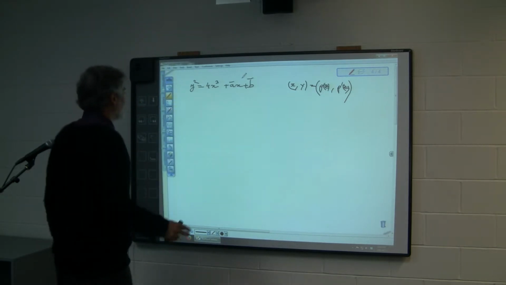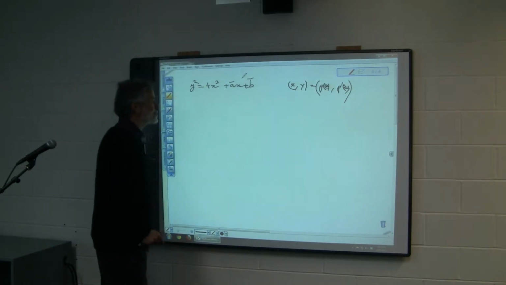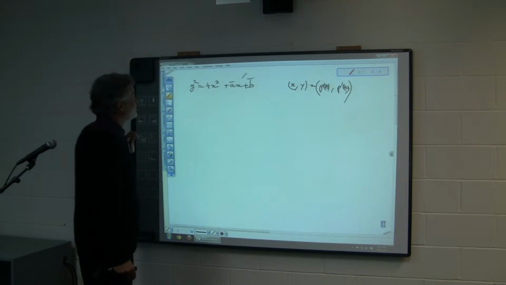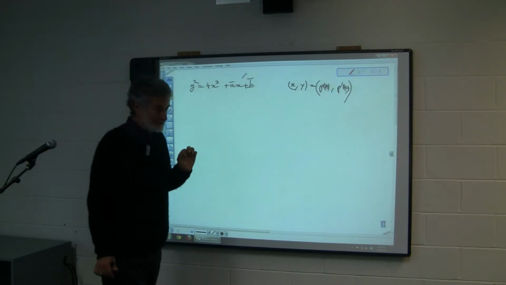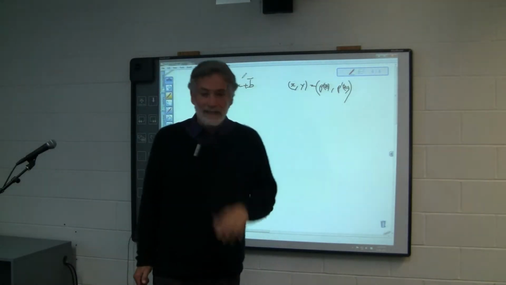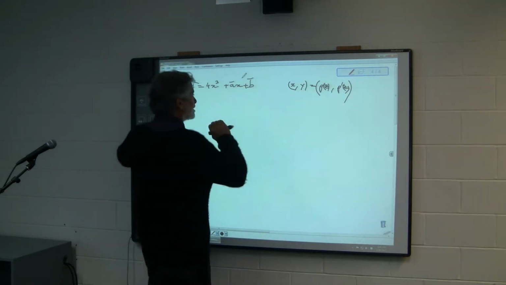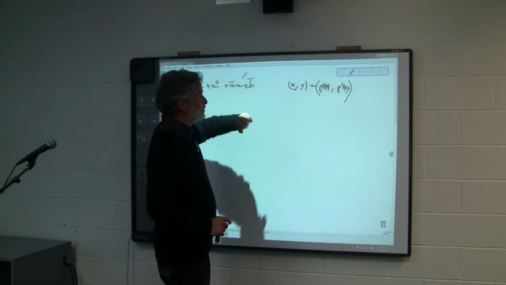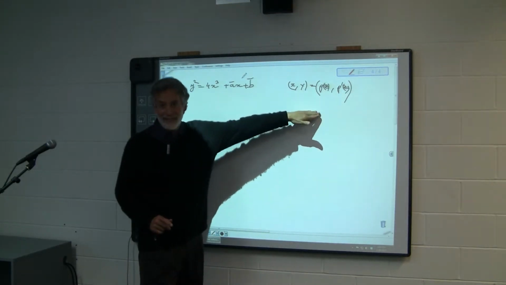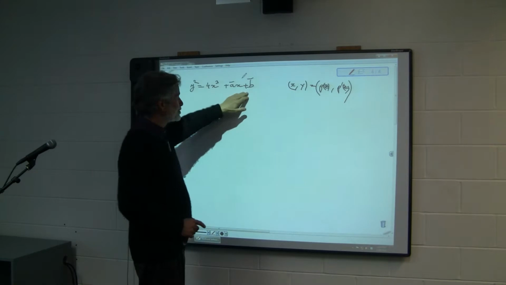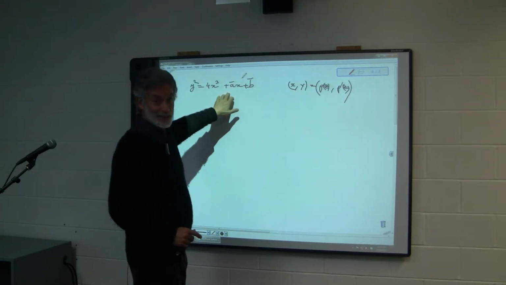So there are a number of theorems. I won't get to tell you all of them, but we're talking about function theory, but it's actually related to solutions to this equation.